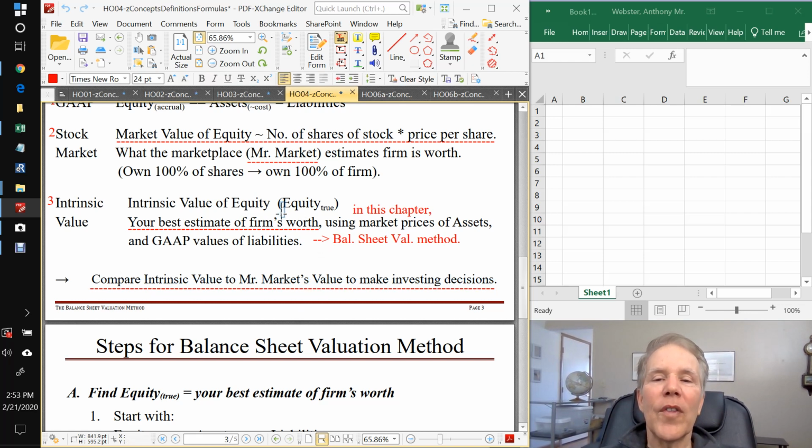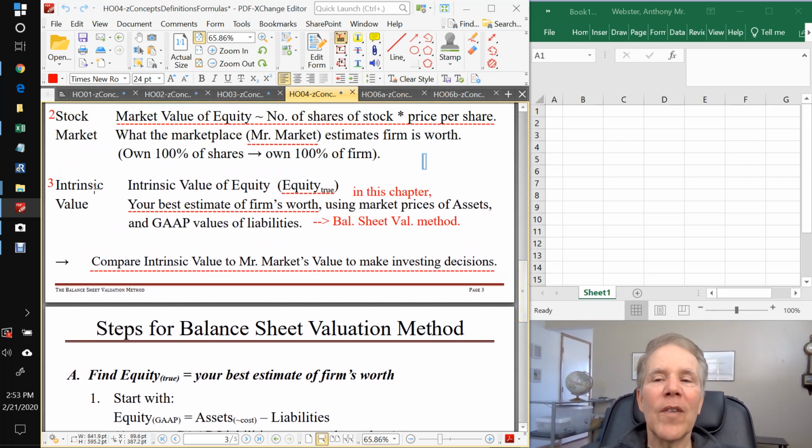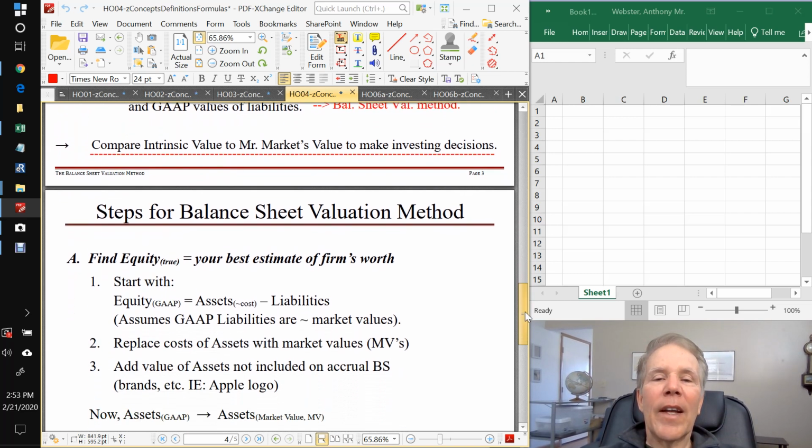We've also called this equity true. It's our shorthand for intrinsic value. We compare that to Mr. Market's value, and if our estimate of intrinsic value is way higher than Mr. Market's, we might want to buy some or all of this company and go from there.